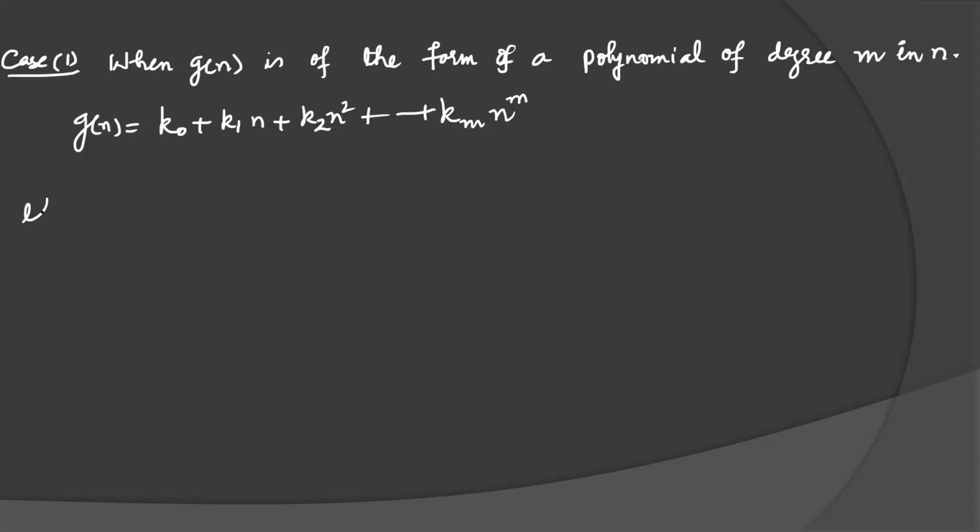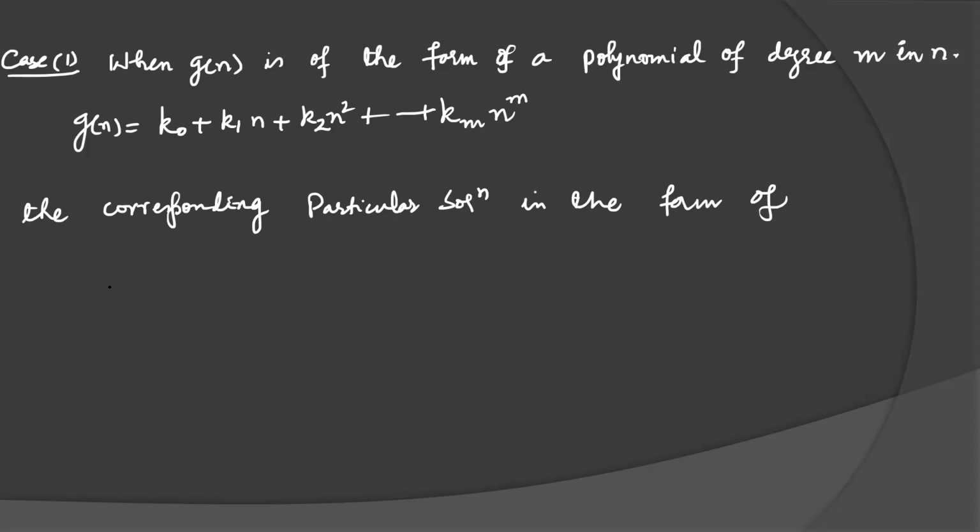In this case, we assume the corresponding particular solution in the form of particular solution PS as q naught plus q1 n plus q2 n square and so on, qm n to the power m.